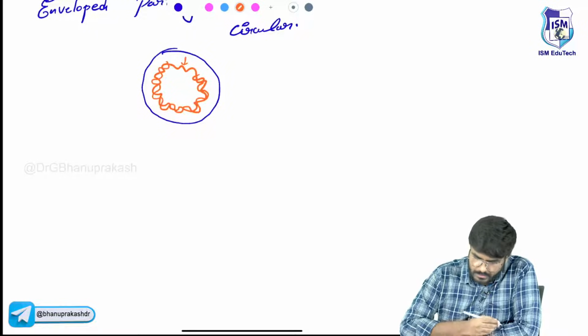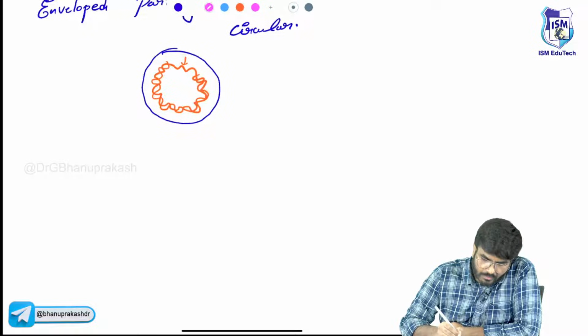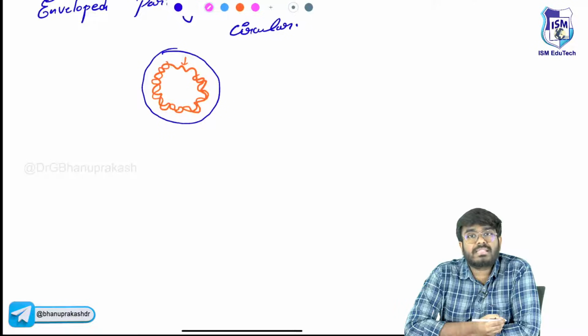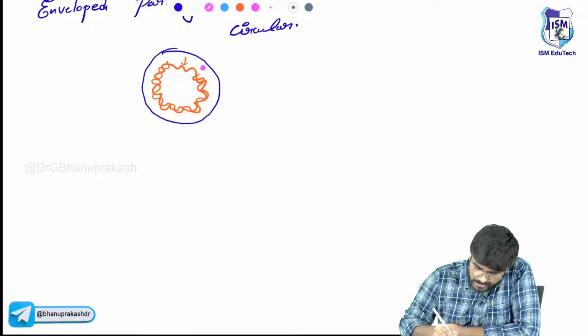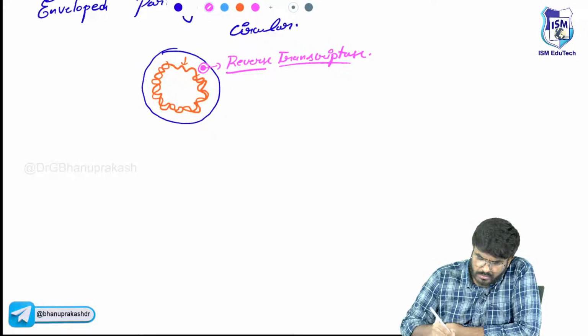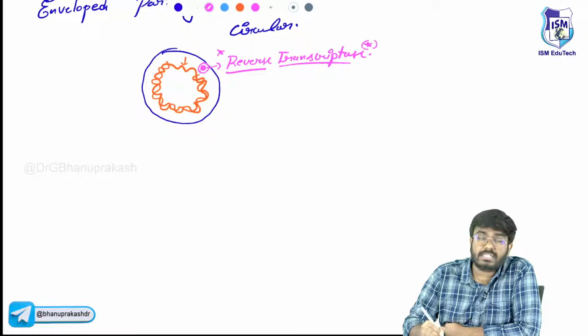Okay, now what does this virus have? This virus has reverse transcriptase activity. So it also has enzymes which are called reverse transcriptase. I hope you have already studied this reverse transcriptase activity.